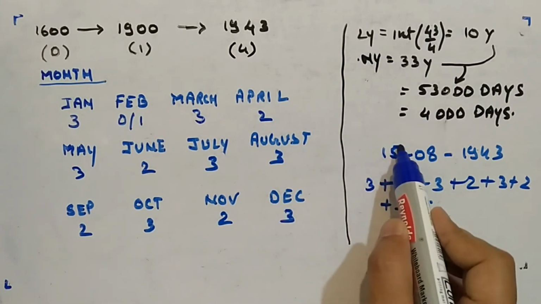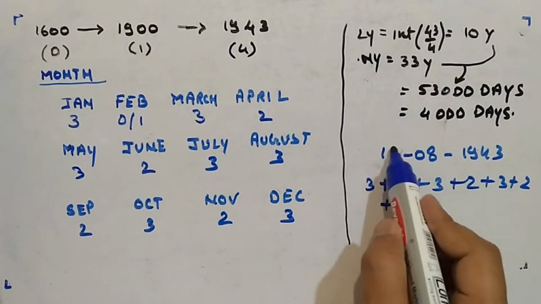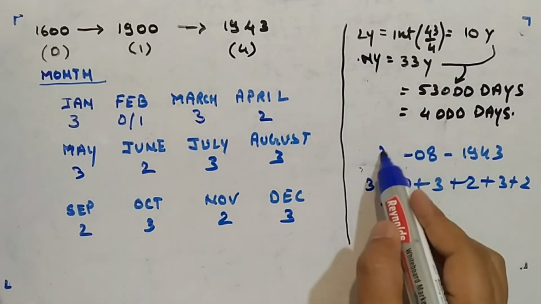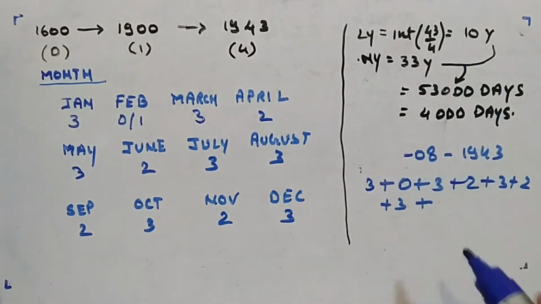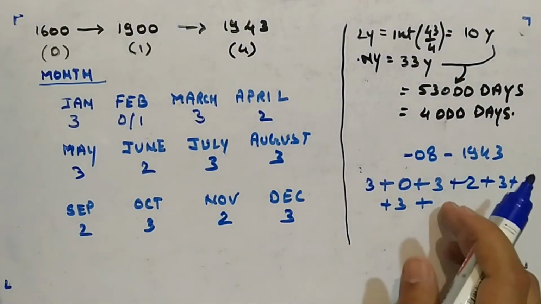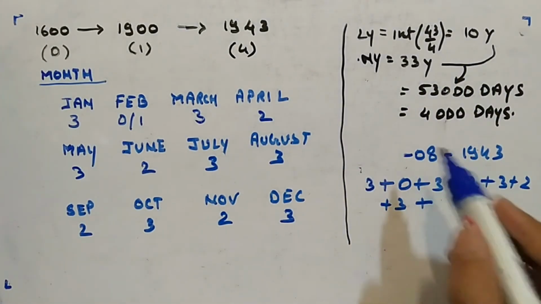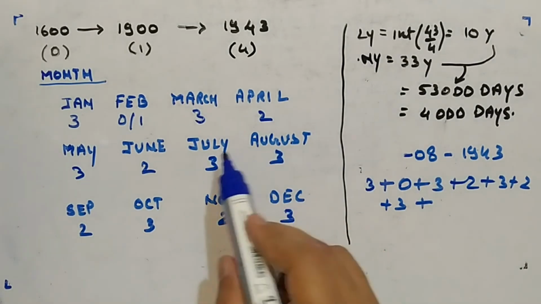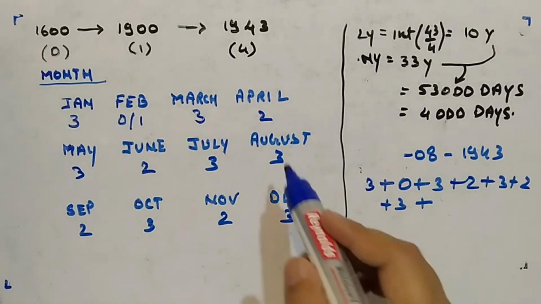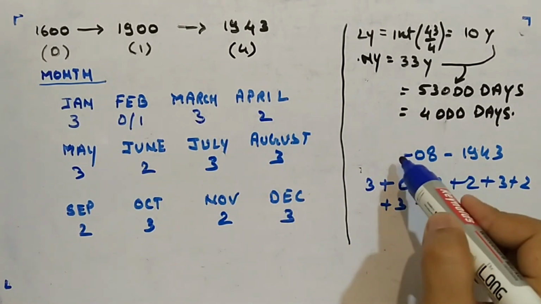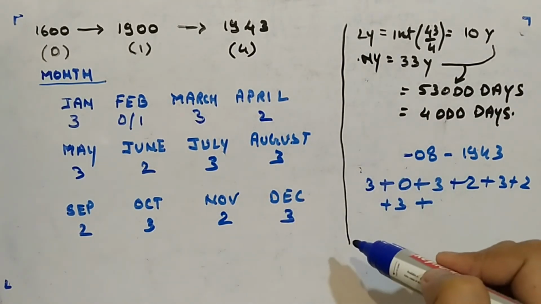Maybe it will be 15, maybe 16, maybe 20, any date. The month is not complete, so that is why you don't take any odd day for this August. Till July you have to take. That will be clear when I deal with date.